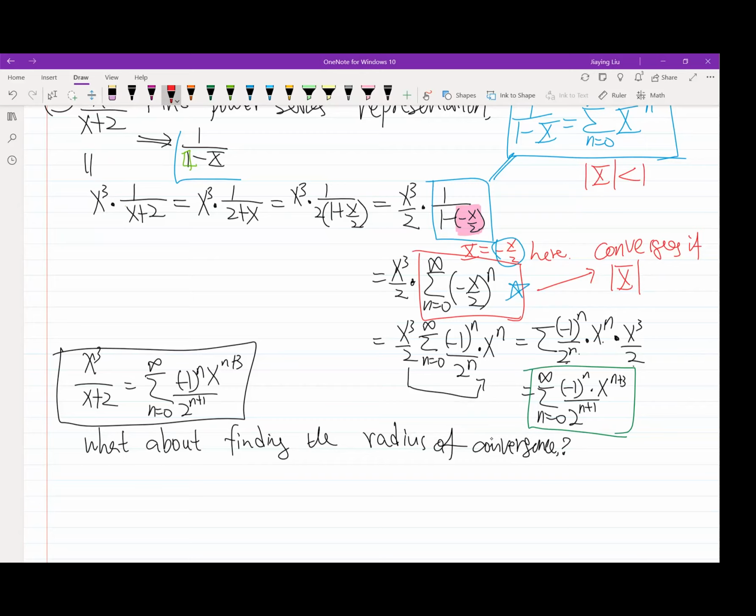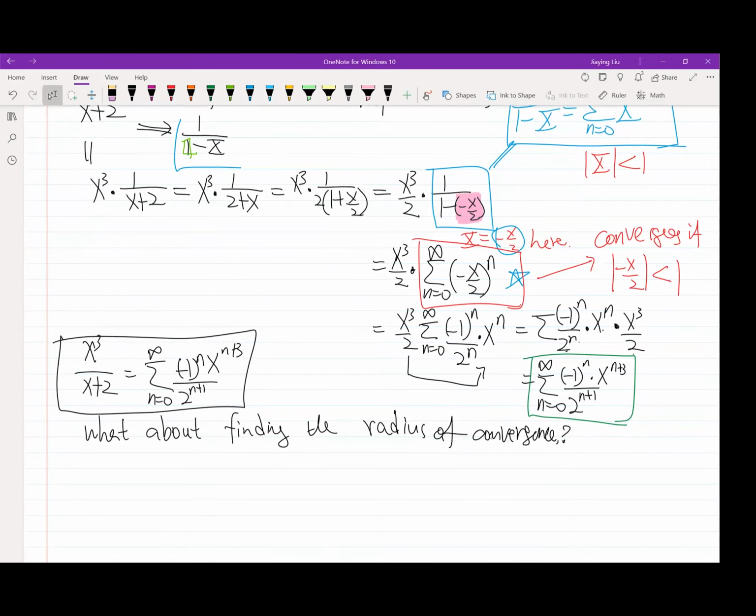In this case, capital X is negative x over 2. That's when it converges. But in this example, we don't have capital X, we get negative x over 2. So we want this part to be less than 1. From there, we can try to find the radius of convergence, because negative x over 2 in absolute value less than 1 is the condition for the series to be convergent.